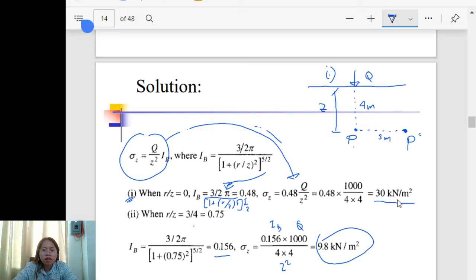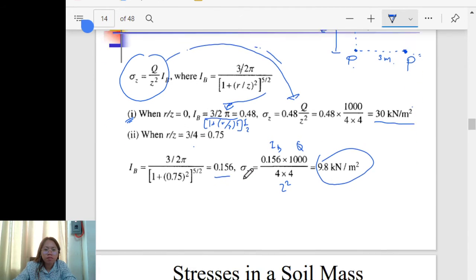So, notice that directly below the point load, the stress is bigger than at a certain distance of 3 meters from the point load. It is reduced to 9.8 kilonewton per meter squared.